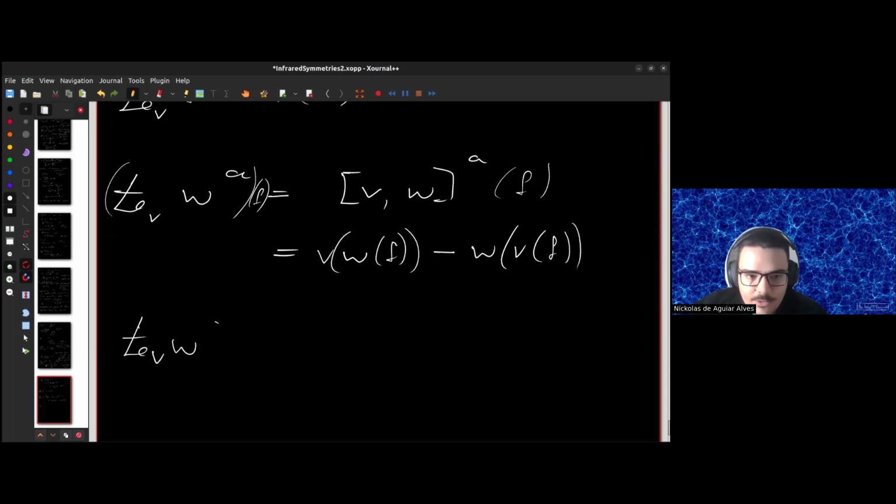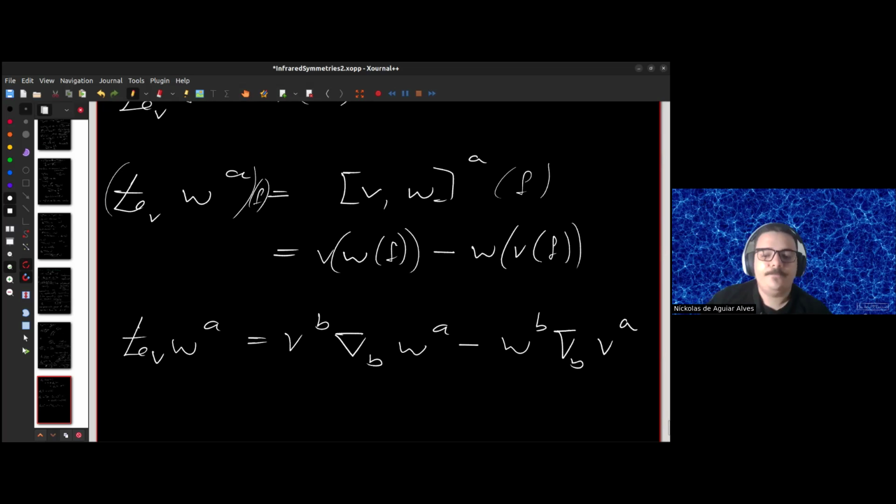And if you want to write this directly using the covariant derivative, this thing here is going to be given by this thing here. Okay. So this is the expression for the Lie derivative of a vector.